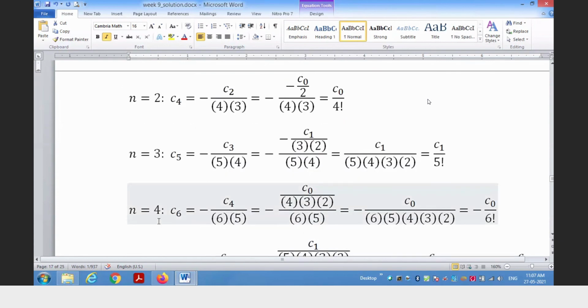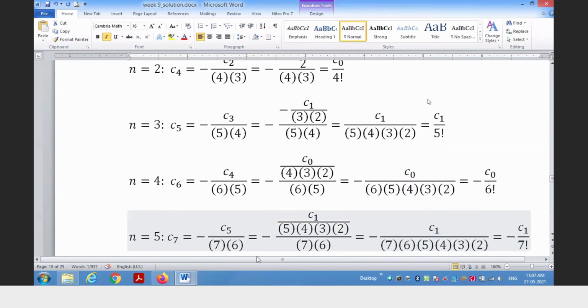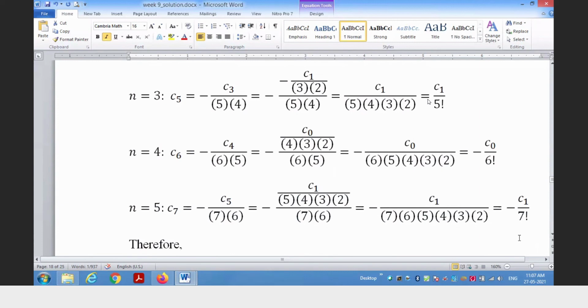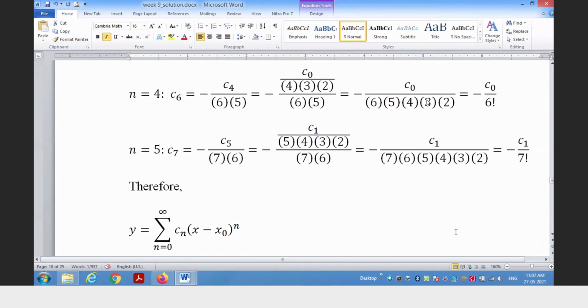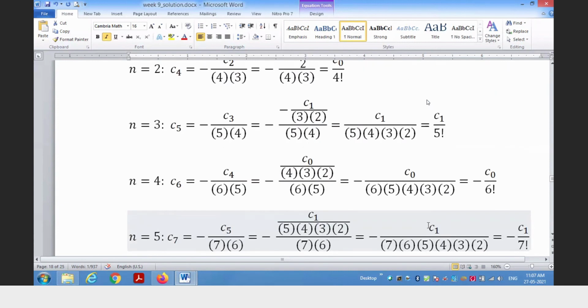For n equals 4, you will find that c6 equals minus c0 over 6 factorial. And for n equals 5, c7 equals minus c1 over 7 factorial. All right, so now you can see some pattern here.